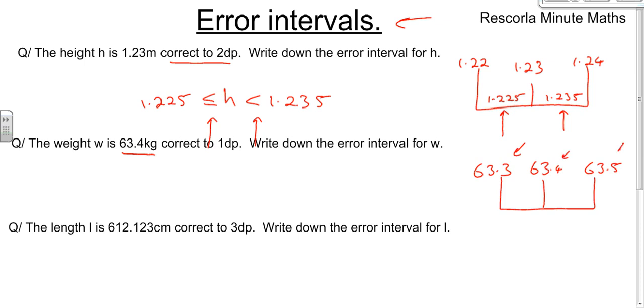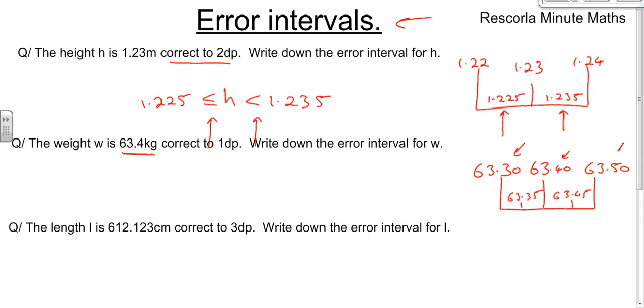And then what we've got to do is we've got to find the lower of the error intervals and the higher of the error intervals. So this one here, if it makes it easier, make 63.30 because that's exactly the same as 63.3. So halfway between 30 and 40 is going to be 63.35 and 63.45.